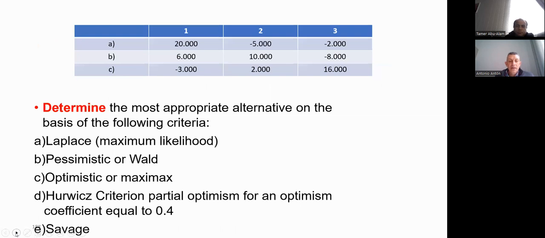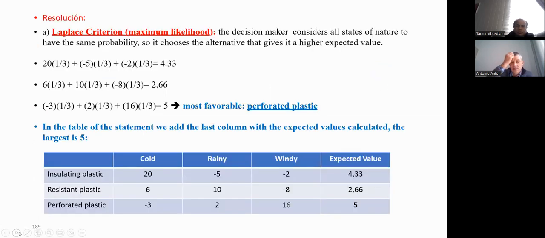So if this farmer decided to put insulated plastic 2 or 3 months ago, before the growth, we can take a profit of 20,000 euros. For a farmer who did that, it is perfect, 20,000 euros, because I put insulated plastic.